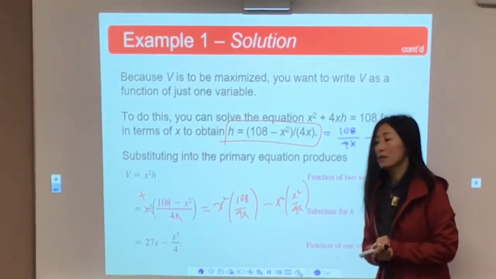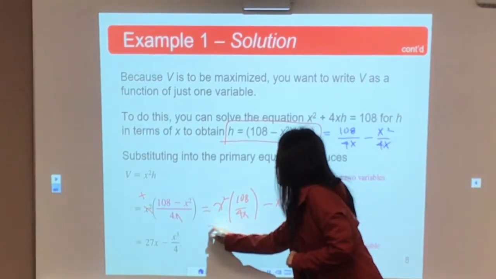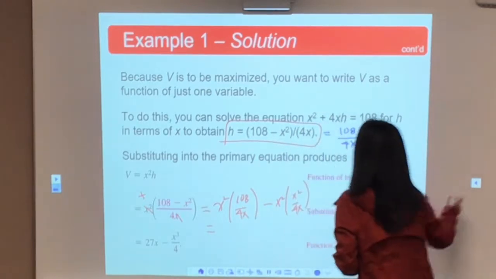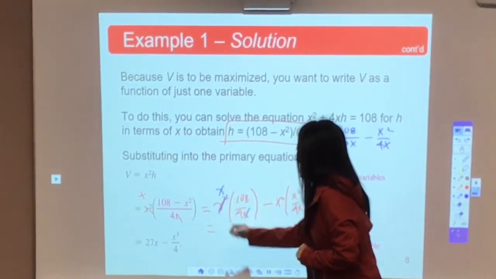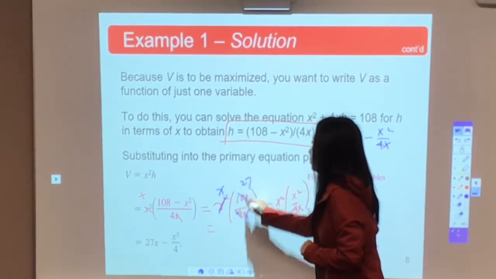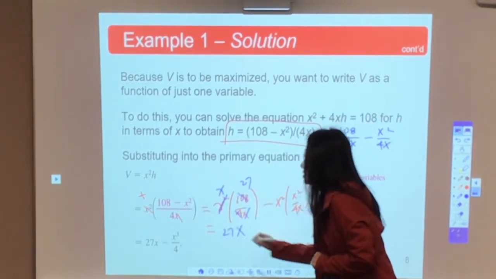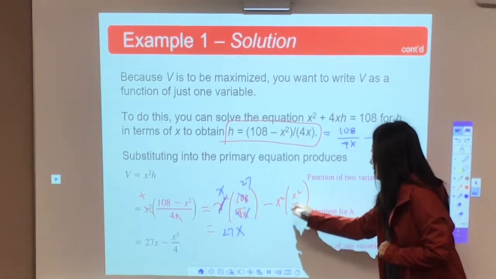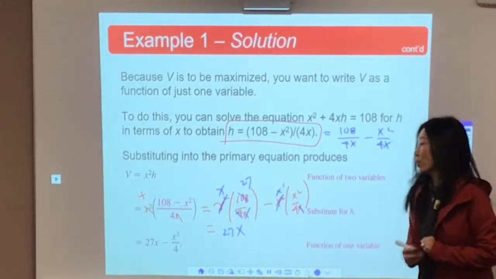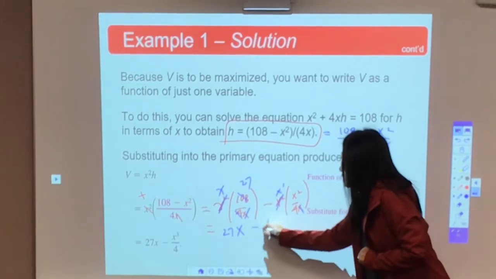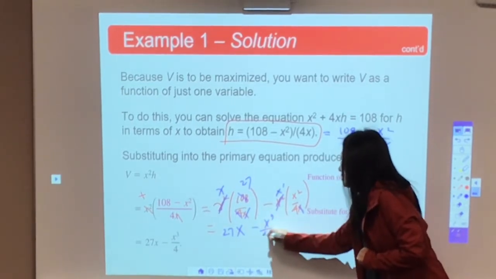Then you get this is equal to the same, x and x cancel out, and then this and this become 27, so you get 27x. And x cancels out, you get only x to the third minus 4.